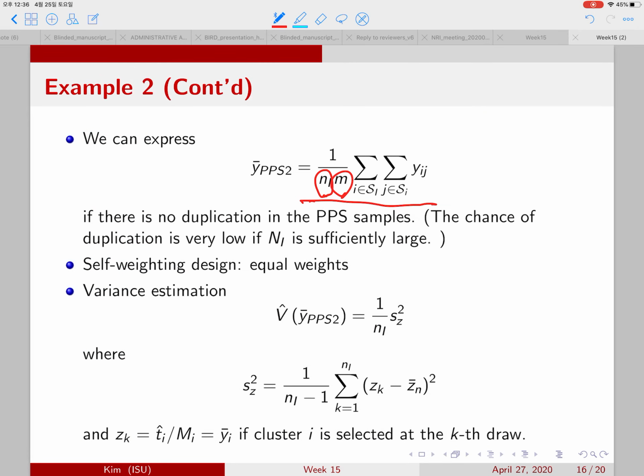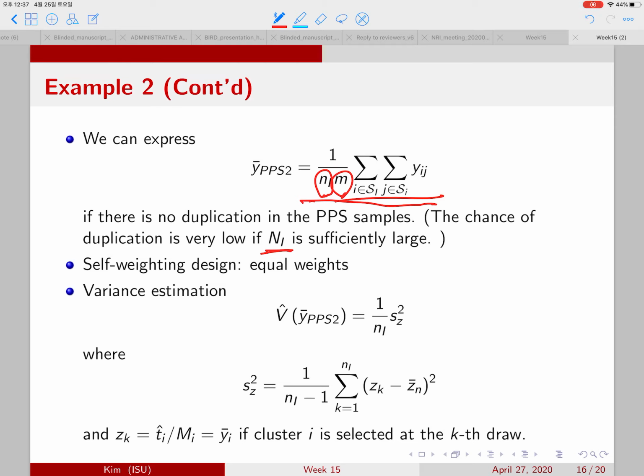Basically, it's a sample mean after the two-stage sampling. Of course, if there's duplication in the clusters, then it's a little bit different story. But suppose there's no duplication, which is the case when N is sufficiently large, then the chance of selecting the same cluster in the sample will be very low.